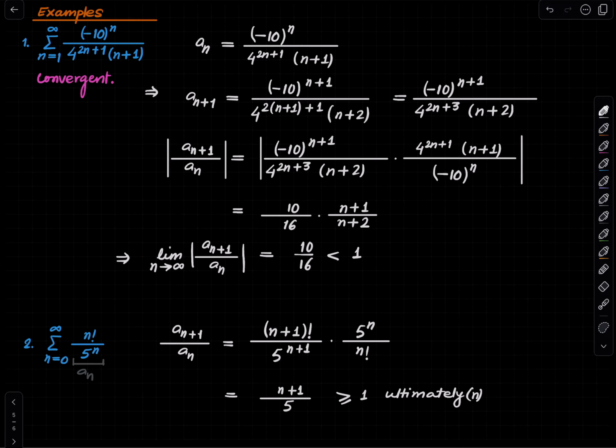And therefore, by the ratio test, this is a divergent series, which shouldn't be a surprise. Clearly, the numerator has much more juice than the denominator.